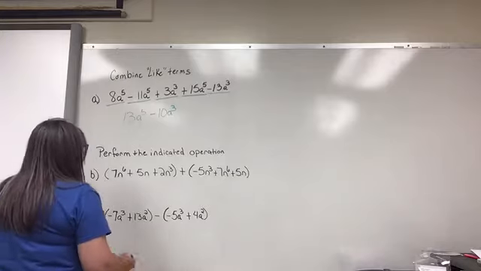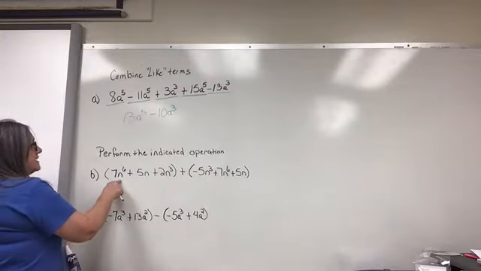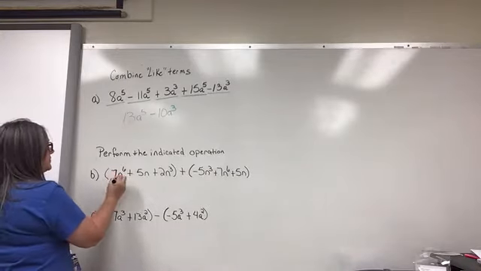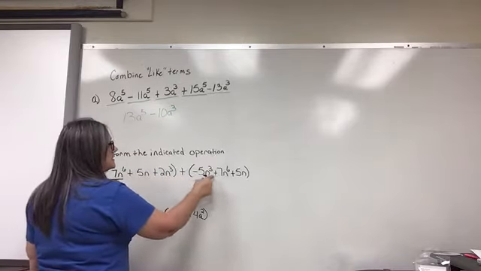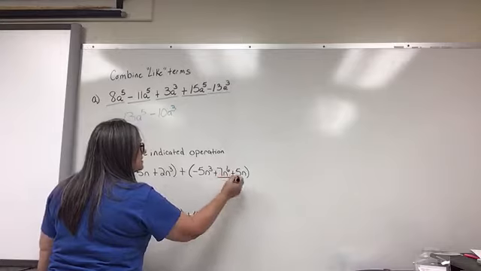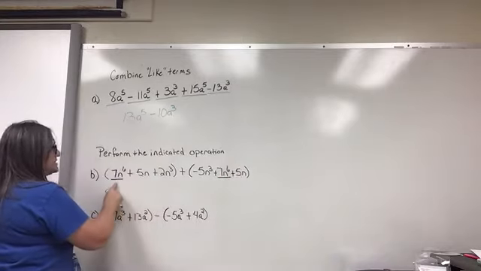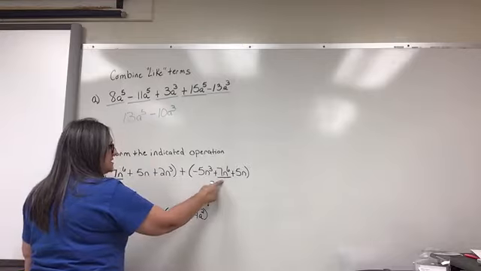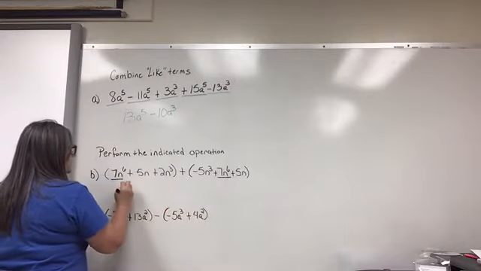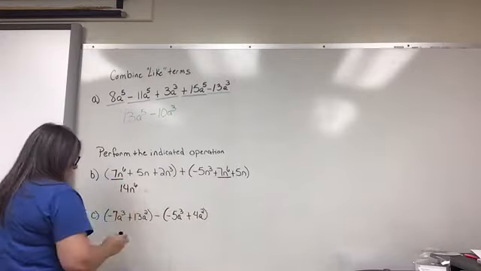So I have an n to the sixth, n to the third, n to the third, n to the sixth, and n. So I have 7n to the sixth plus 7n to the sixth would be 14n to the sixth.